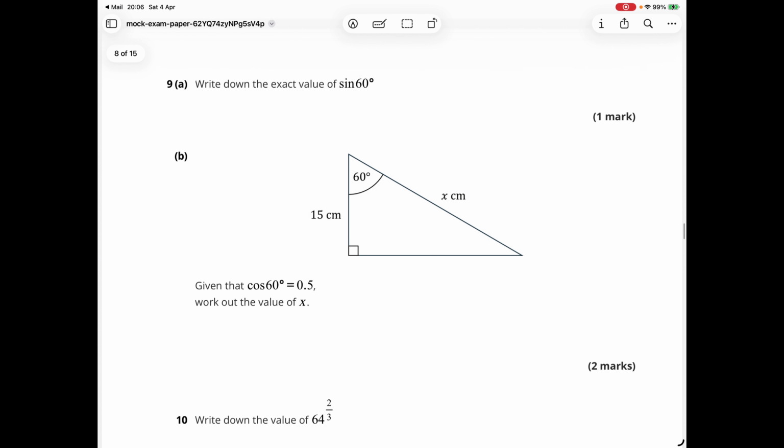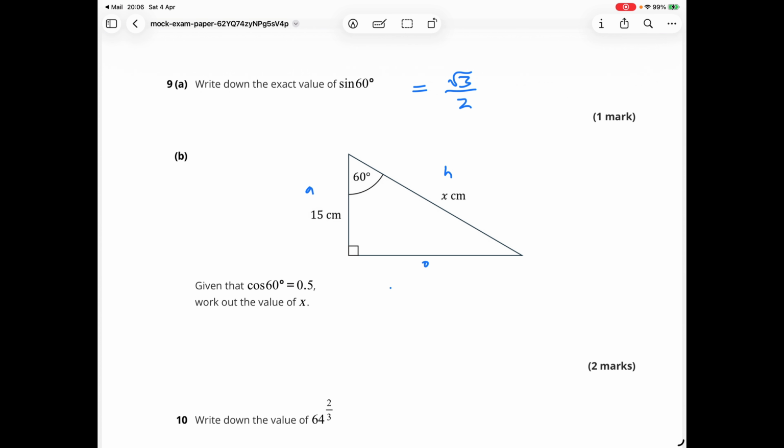I'm doing well here. Now, write down the exact value of sine 60. If you remember that table, sine 30 is 1 over 2, and sine 60 equals root 3 over 2. Given that cos 60 is 0.5, work out the value of x. So we've got h, o, and a.